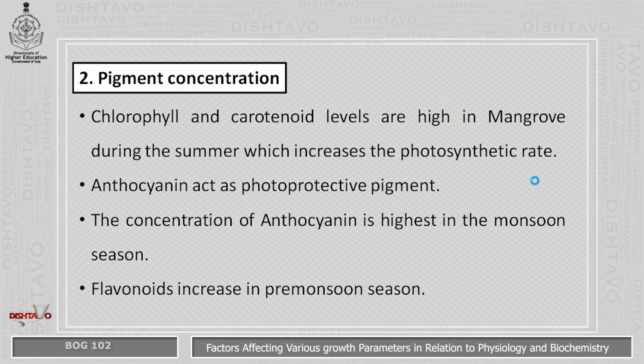Anthocyanin also plays an important role in reproduction by attracting the pollinators and seed dispersal, and also protects them against various abiotic and biotic stresses due to their powerful antioxidant properties.